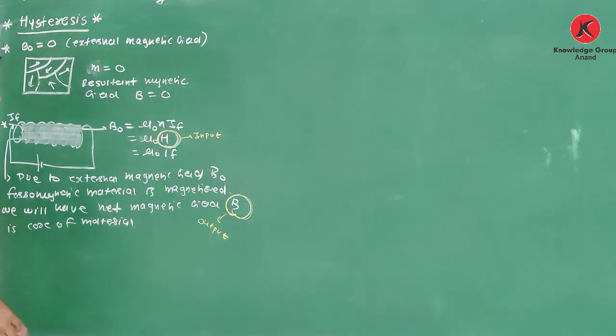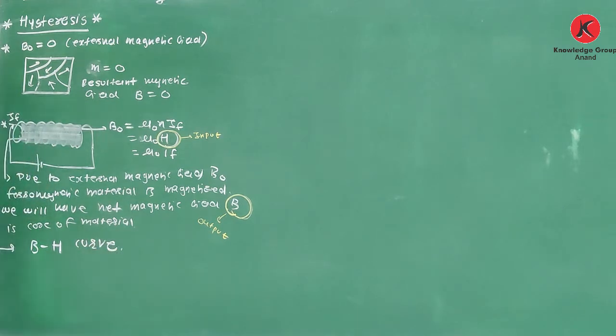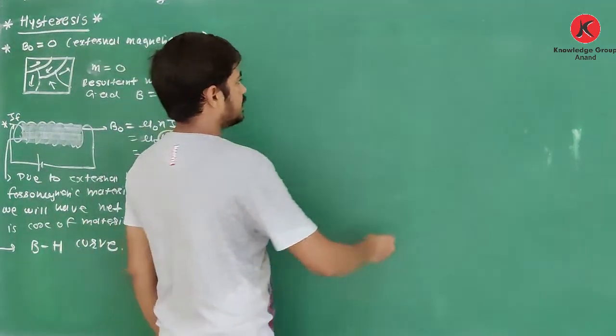And now we will draw one graph of B versus H, one BH curve for the ferromagnetic material. Okay, what about this graph? See, here it is.